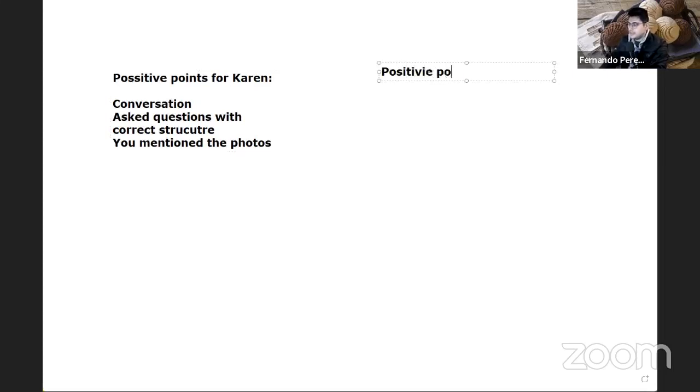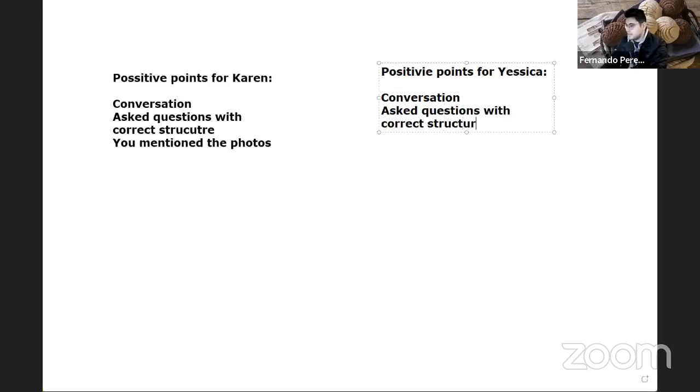Positive points for Jessie: you had a conversation. You ask questions too. And of course, you were talking about verbs, connection between verbs. Your structures were nice.